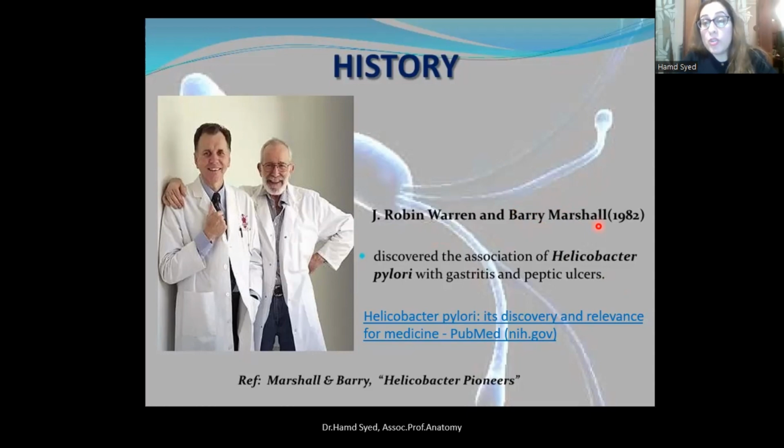Then he treated himself with antibiotics, and the ulcer was then treated. And this proved an essential contributory factor for determining the role of H. pylori in the production of gastric ulcers. And it also showed us how the use of antibiotics can help in the treatment of gastric ulcers.